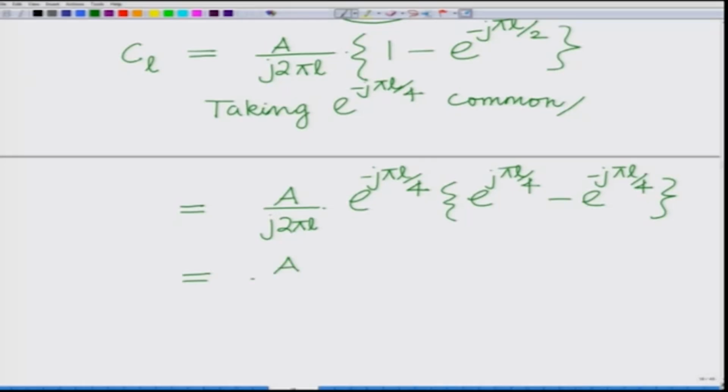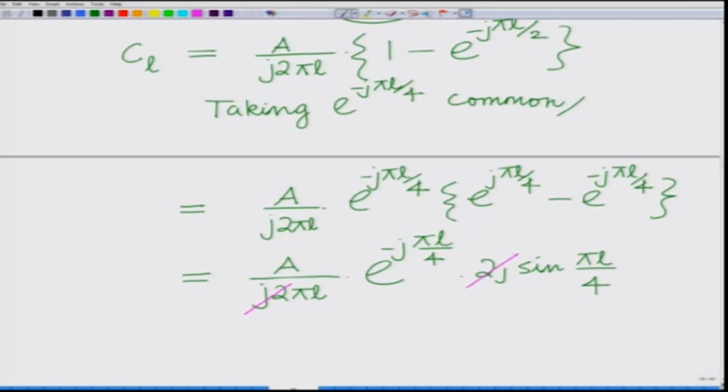That is, if you employ the substitution e to the power of j theta is cosine theta plus j sin theta, what we have is A over j 2 pi L e to the power of minus j pi L by 4 into 2j sin pi L by 4.